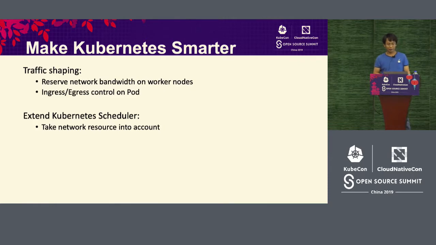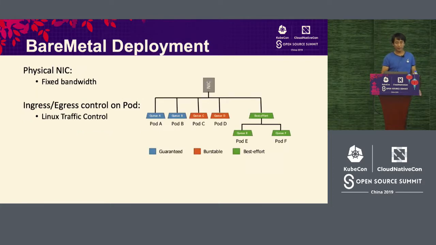The ingress is the feeding, and the egress is the output. And also, in terms of Kubernetes calculations, we also need to take the network resource into consideration. So the prioritizer and the filter are going to be considered during the calculation.